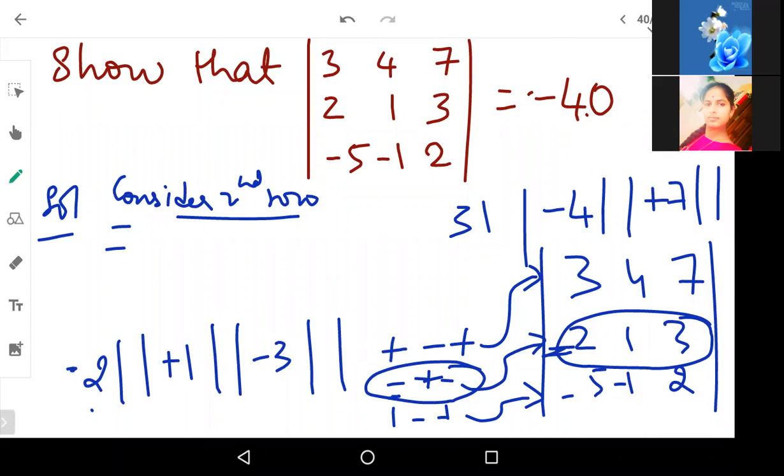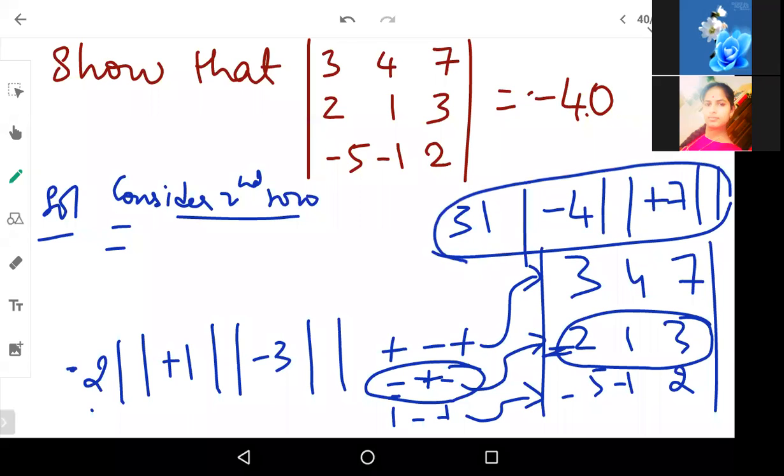Now did you understand the concept, what we are trying to do? Understood? Yeah, we took the first row before. Now instead of the first row, we will be taking the second row to solve the problem. You will still get the same answer.